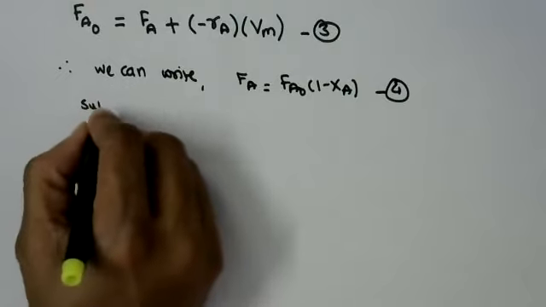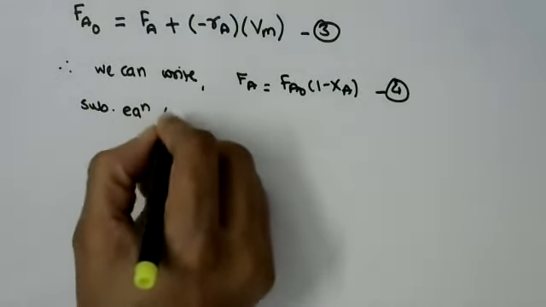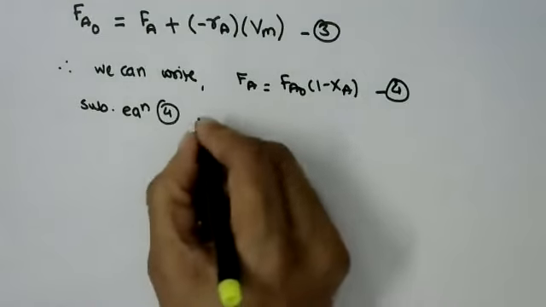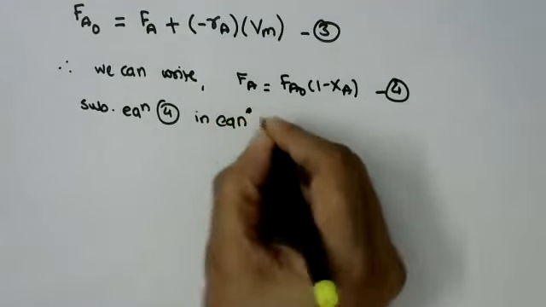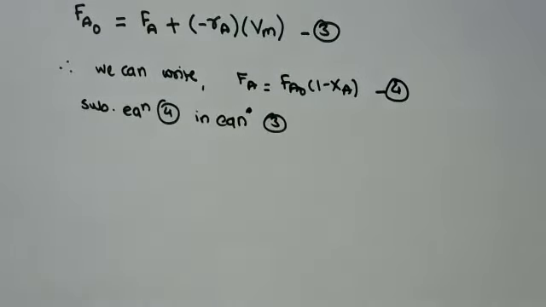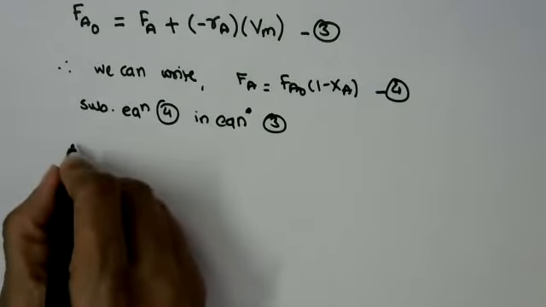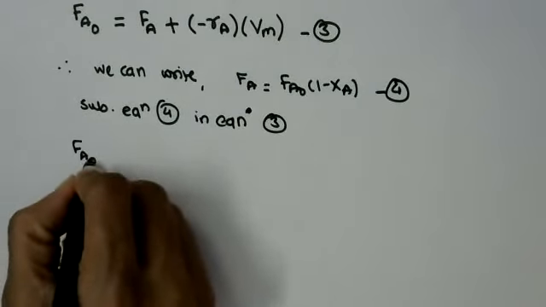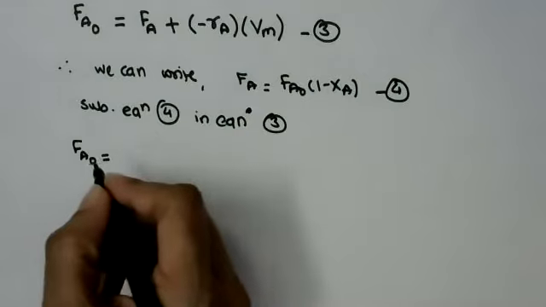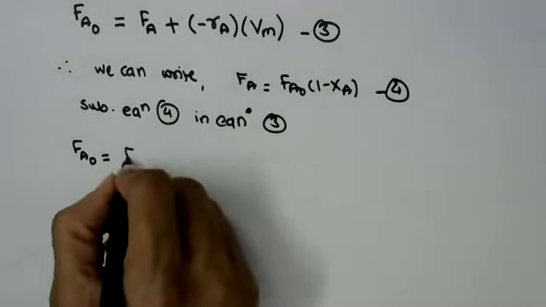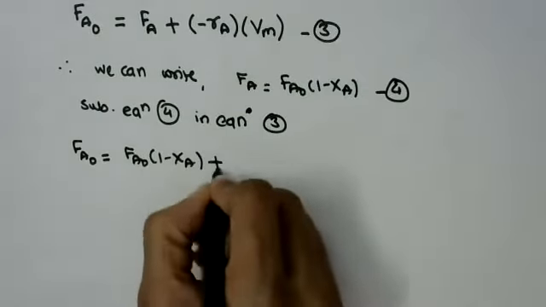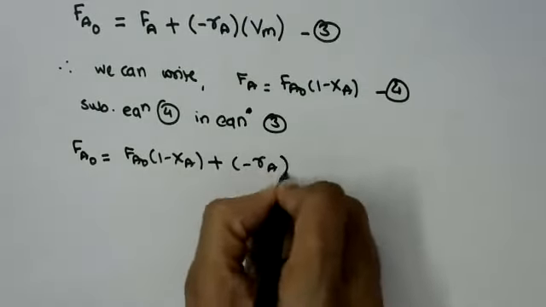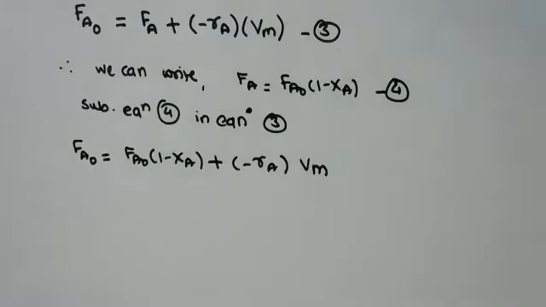So substitute equation 4 in equation 3. If you substitute, then we can write equation 3 as FA0 is equal to FA0 into 1 minus XA plus minus RA into VM.